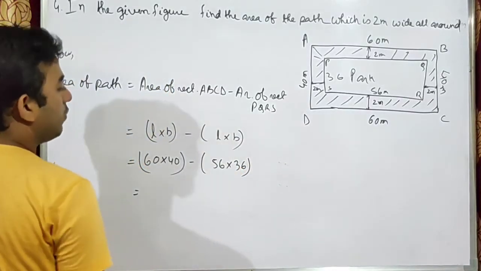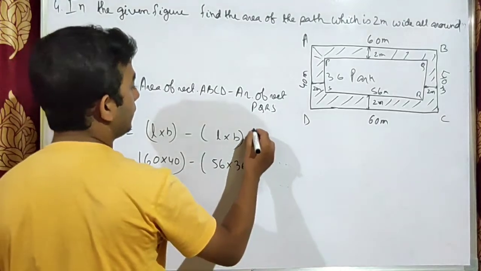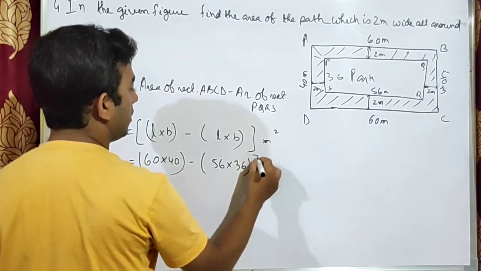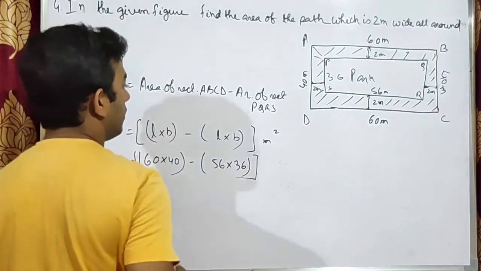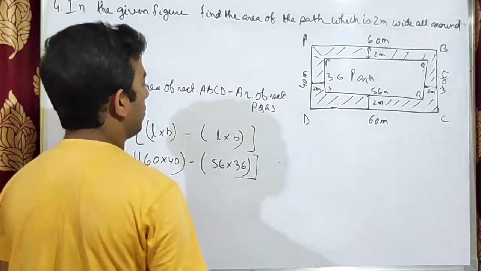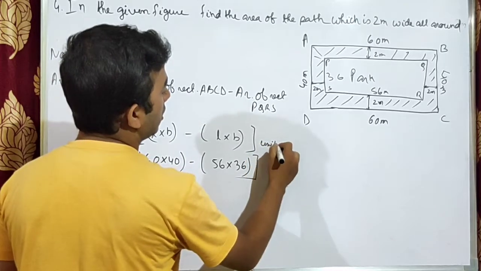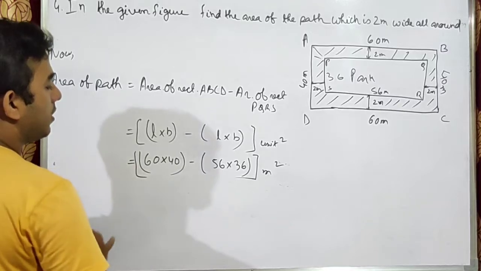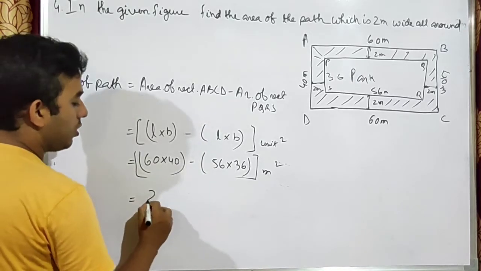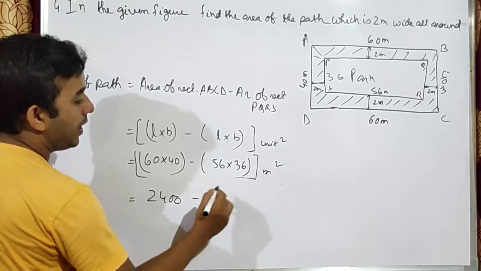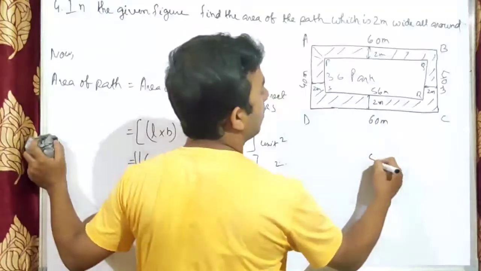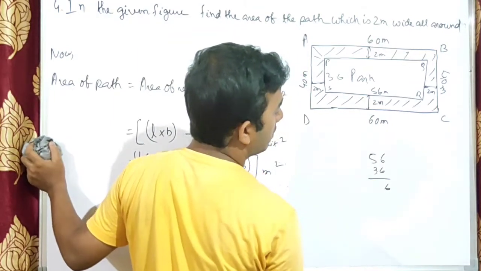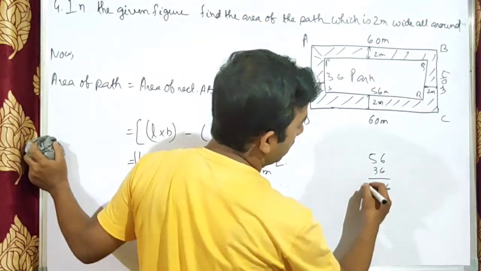So now look, 60 into 40 is how much? And we must take meter square common, right? Unit square, here it will be meter square. 60 into 40, 6 into 4 is 24, 2400 minus 56 into 36, let's multiply. 56 into 36, 6 into 6 is 36, then 6 into 5 is 30, 33.